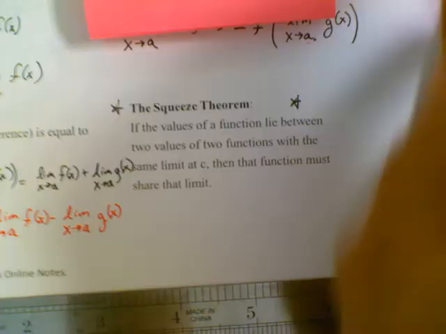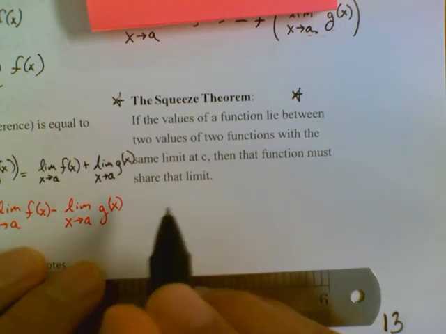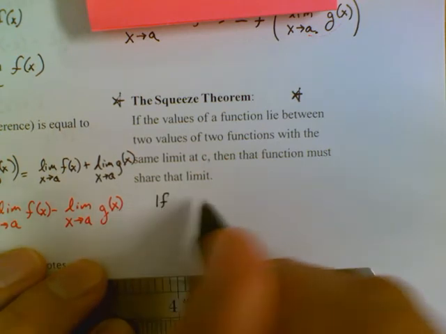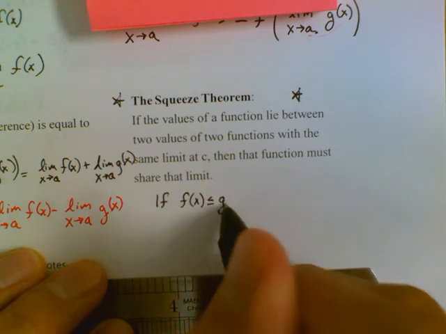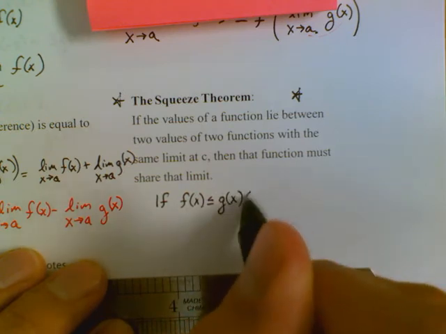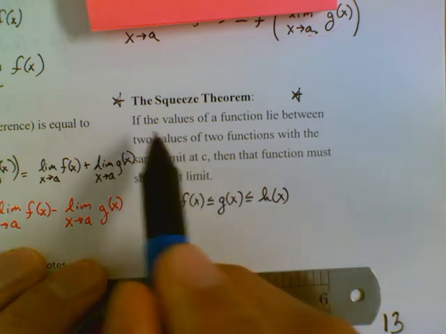Okay, so suppose we have three functions. Let's just say something like this. If f of x is less than or equal to g of x is less than or equal to h of x. So we just took care of the first part.